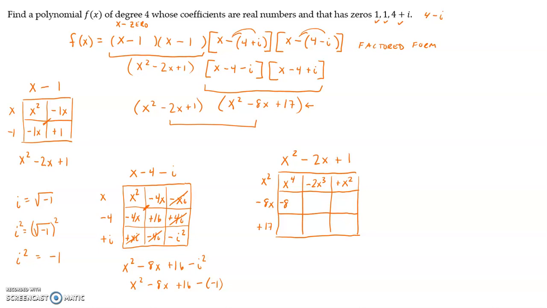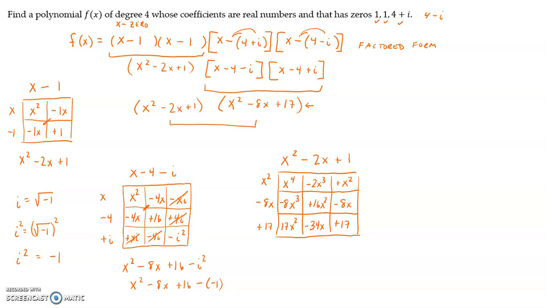You've got -8x cubed, positive 16x squared, and a -8x. And then on our last one, we're multiplying by the 17, so we're going to get 17x squared minus 34x and plus 17.